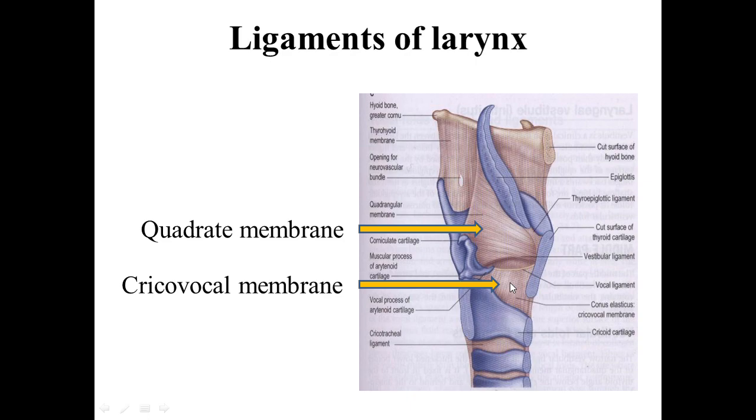And the third fold is the vocal fold. This vocal fold extends from the thyroid angle to the arytenoid cartilage, and it contains the vocal ligament, which is the upper free thickened border of the cricovocal membrane.